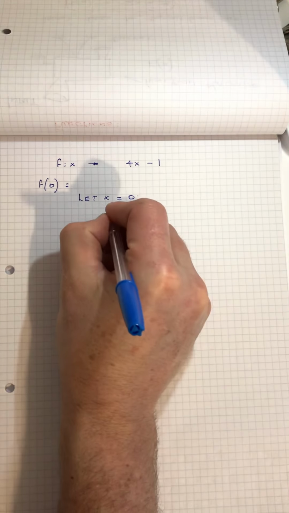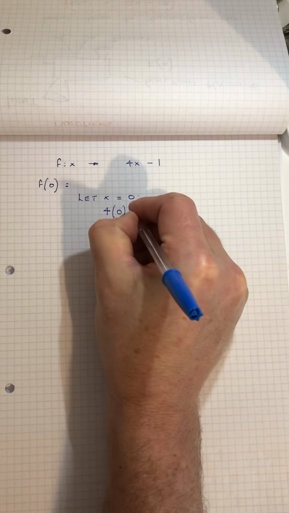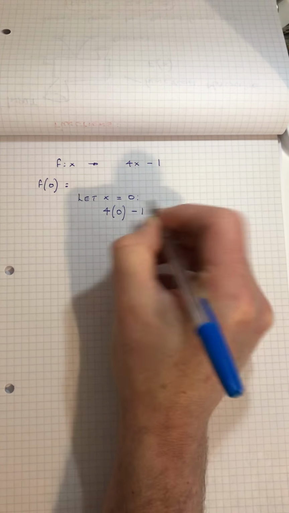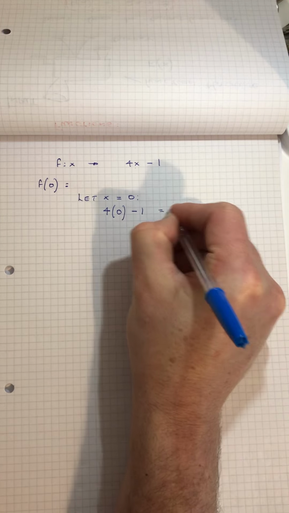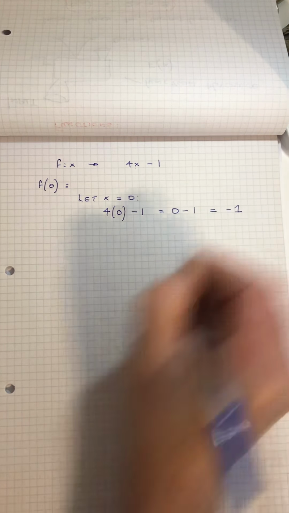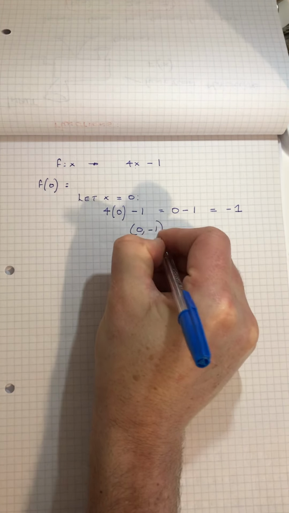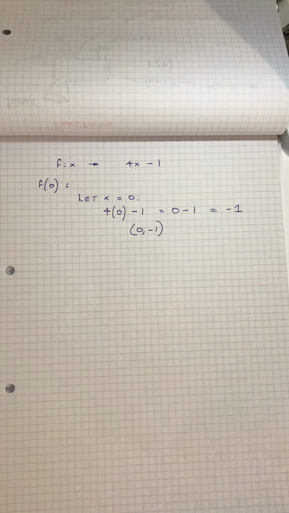Okay? So that will be 4. Take out x, put in 0. Take away 1. 4 times 0 is 0. Take away 1 is equal to minus 1. So when I put in 0, I got out minus 1.